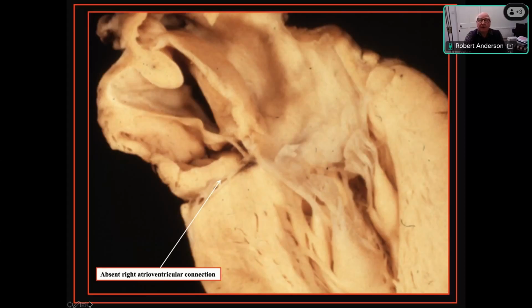We now know that very rarely you can have imperforate tricuspid valves with concordant atrioventricular connections, but this is the exception rather than the rule. And almost always, tricuspid atresia, as you see here, is the consequence of absence of the right atrioventricular connection, such that it is only the left atrium from the atrial component of the heart that has a connection to the ventricular mass, specifically to the dominant left ventricle.